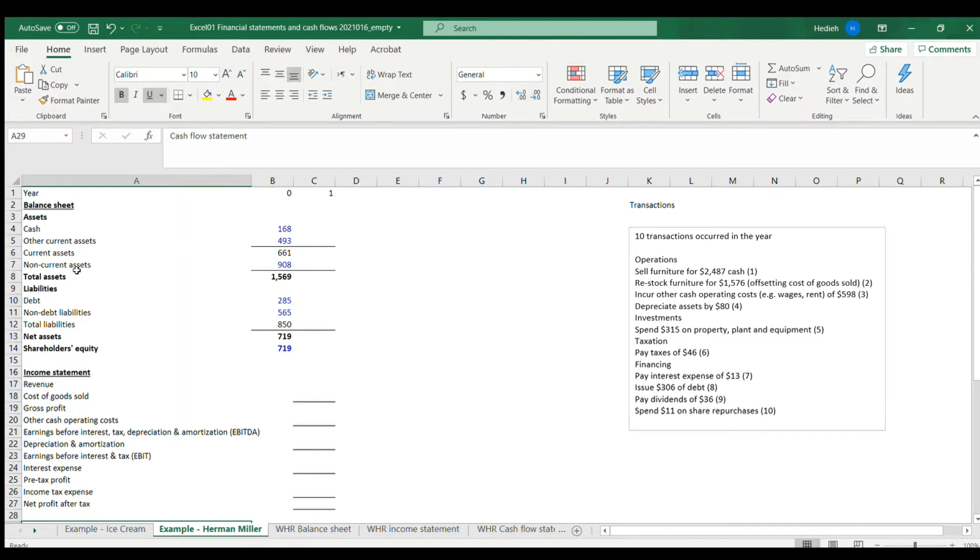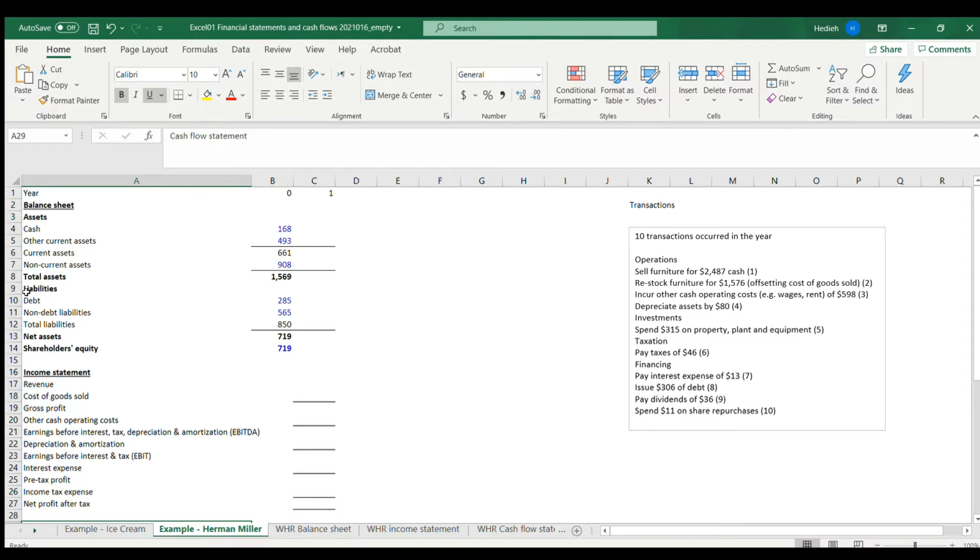And then we have non-current assets, which are long-term assets such as property, plant, and equipment. The amount of these assets in the company is $908. So total assets is the sum of short-term assets and long-term assets.